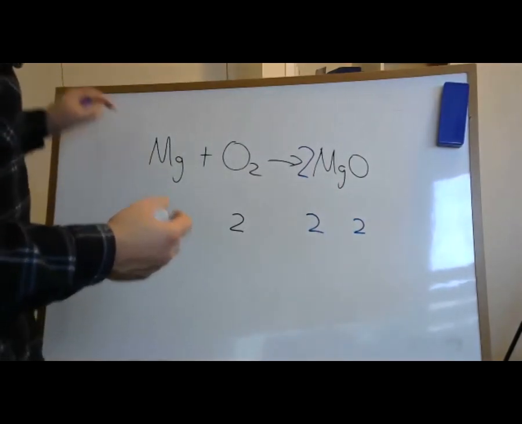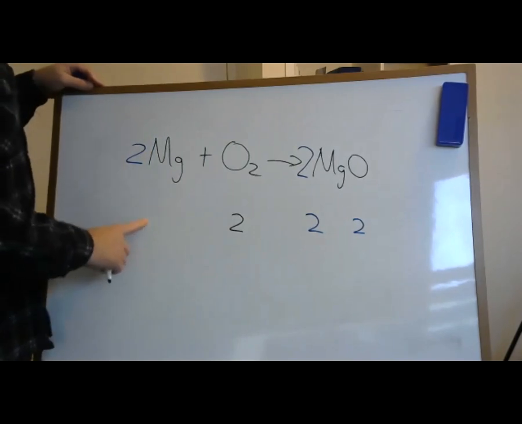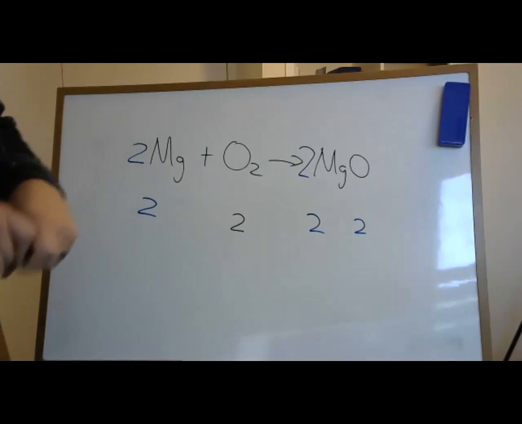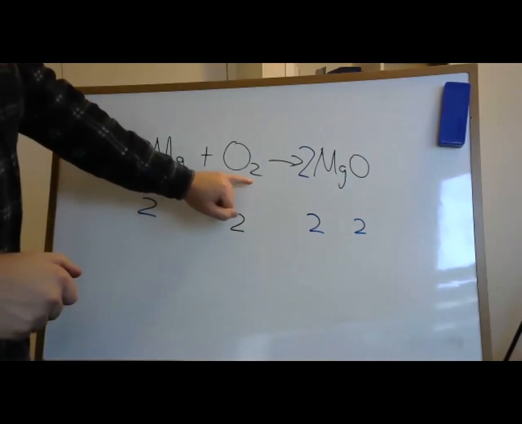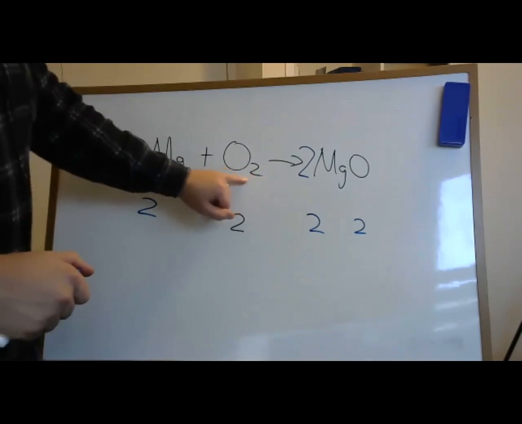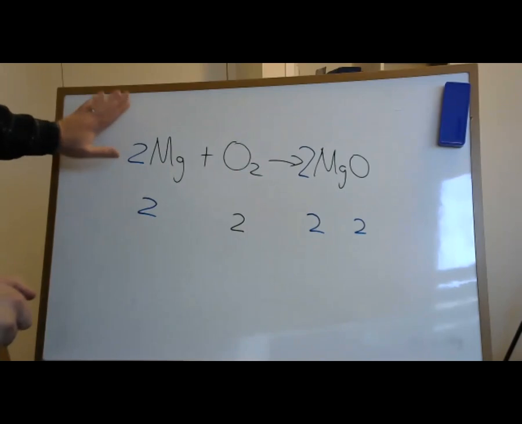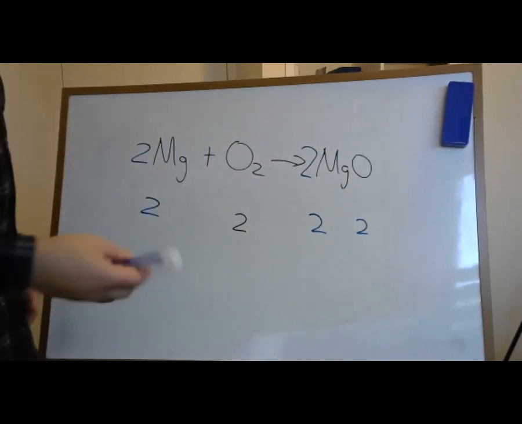So now I just have to make this 2 magnesium. And here's where a lot of people get tripped up. This here is different to this here. This is 2 singular magnesium atoms.